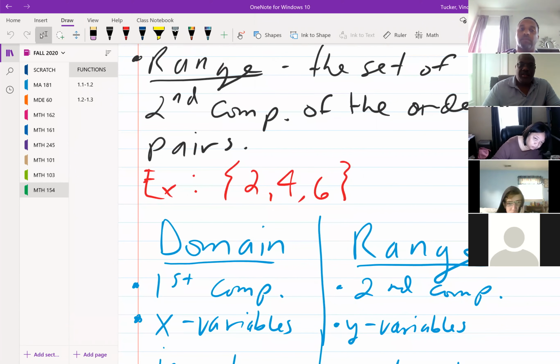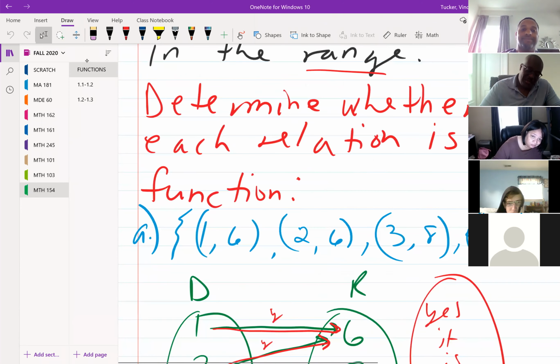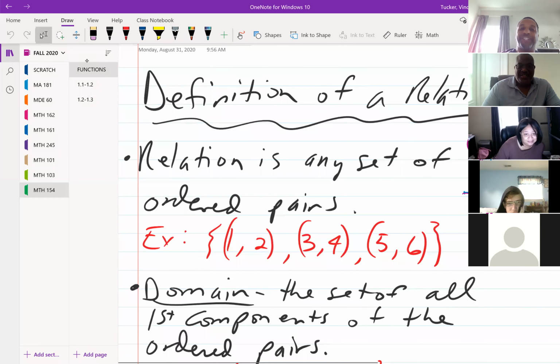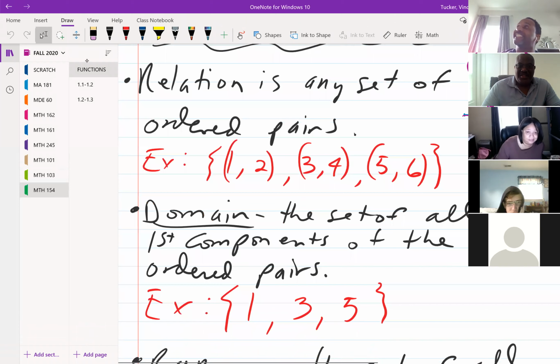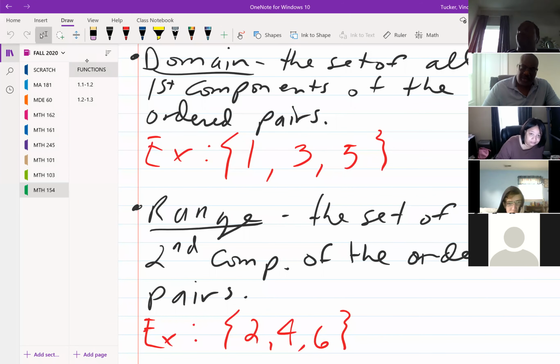Can you go back down? Yeah, I say, can you go back down? Sorry, y'all, I'm writing slow. I'm writing slow too. I'll just mess with y'all. All right, so where y'all want me to go? Domain, the set of all first components of the ordered pairs. Yes. Just let me know when you guys are ready to move up.